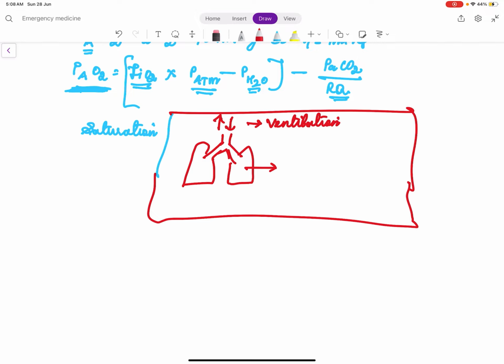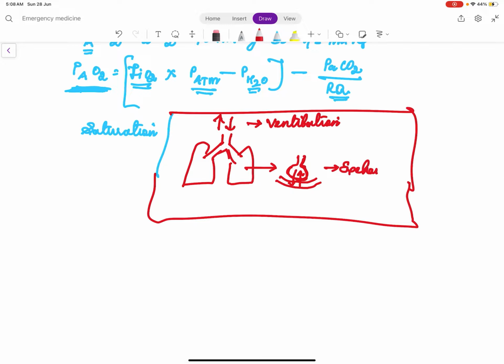In the lungs we have the terminal alveolus and a respiratory membrane. The capillary is in close contact with the alveolus. This small gap is the place through which gas exchange occurs. Oxygen enters from the alveolus to the capillary, and carbon dioxide enters from the capillary to the alveolus. This process is called exchange.